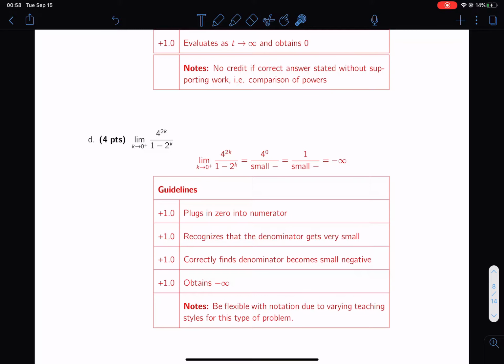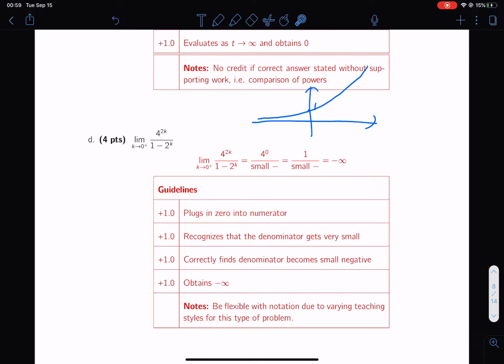And then for this question, k approaches 0 plus. For the numerator, you can just plug in 0, which is 1. And for the denominator, 2 to the kth power, and the 0 plus is this side.